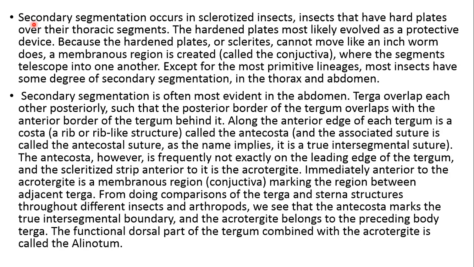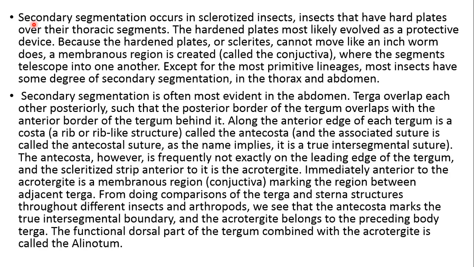Terga overlap each other posteriorly, such that the posterior border of a tergum overlaps with the anterior border of the tergum behind it. Along the anterior edge of each tergum is a rib-like structure called the antecosta, associated with a suture called the antecostal suture. As the name implies, it is a true intersegmental suture.